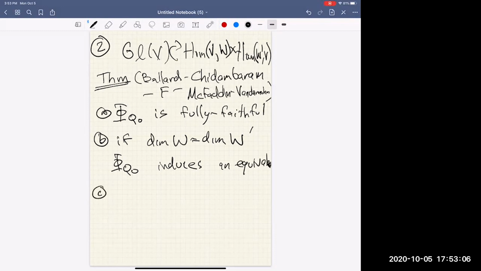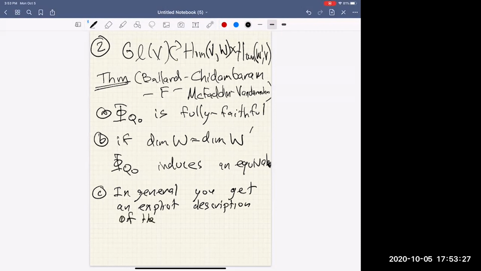C is that in general, you get an explicit description in terms of the orthogonal, in terms of Young diagrams on the unstable locus.